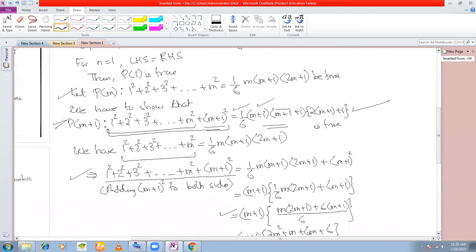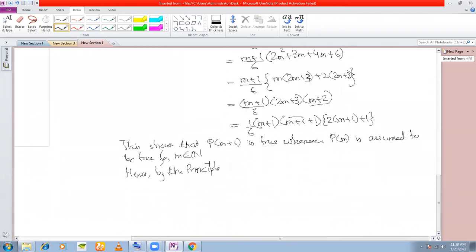The first condition was satisfied when I showed P(1) to be true, and here I have shown that P(m plus 1) is true whenever P(m) is true. Hence, by principle of mathematical induction, both the conditions have been satisfied.